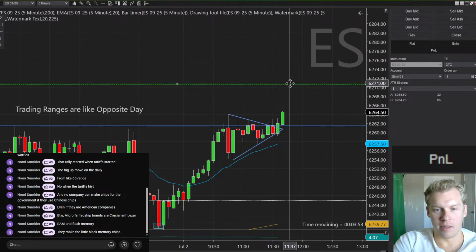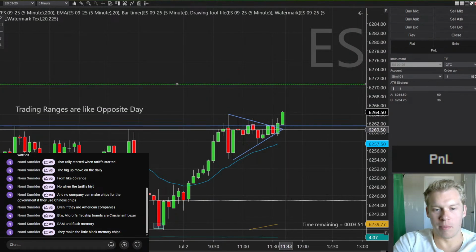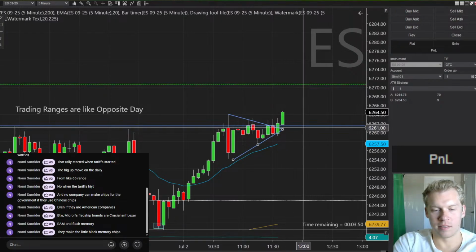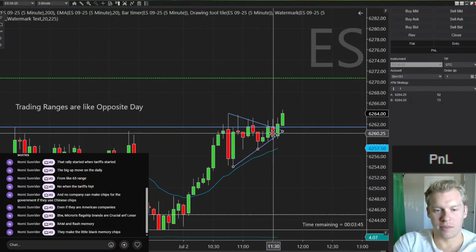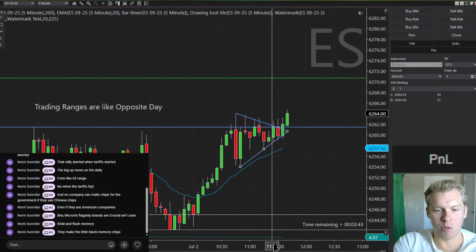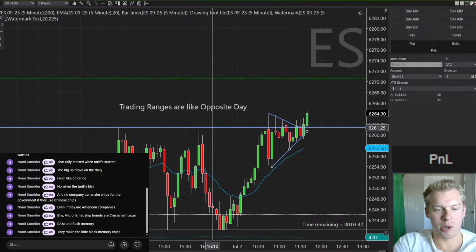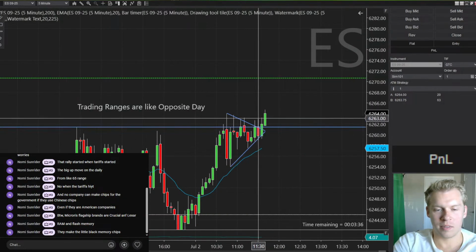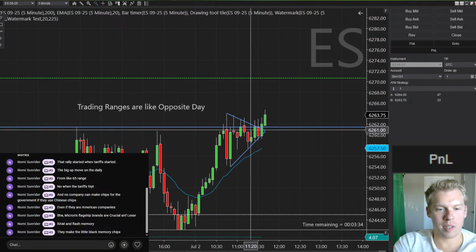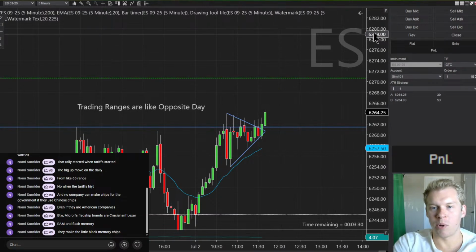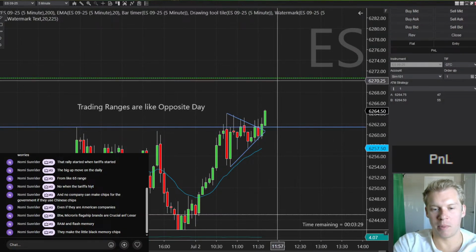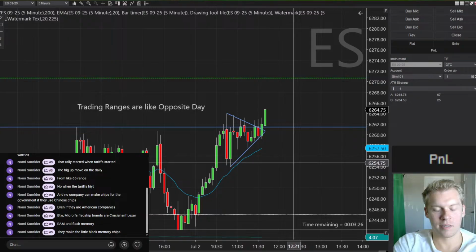Even if it gets up here, I still think we're going to come back down here. Not only do triangles normally do that, but this is also a pretty critical level, this high of yesterday. So for both reasons, even if we do end up going higher, I think we would come up and then pull back before heading higher.